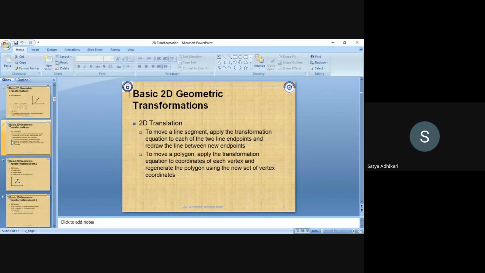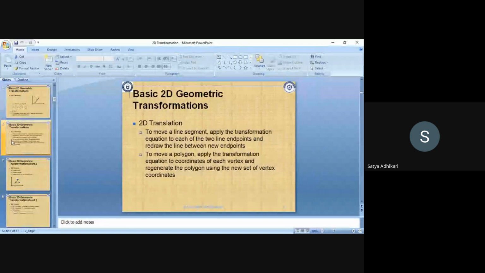So to move a line segment, apply the transformation equation to each of the two line endpoints only, and redraw the line between the new endpoints. You need not apply translation to each and every point of that line. You have to only translate the two endpoints.